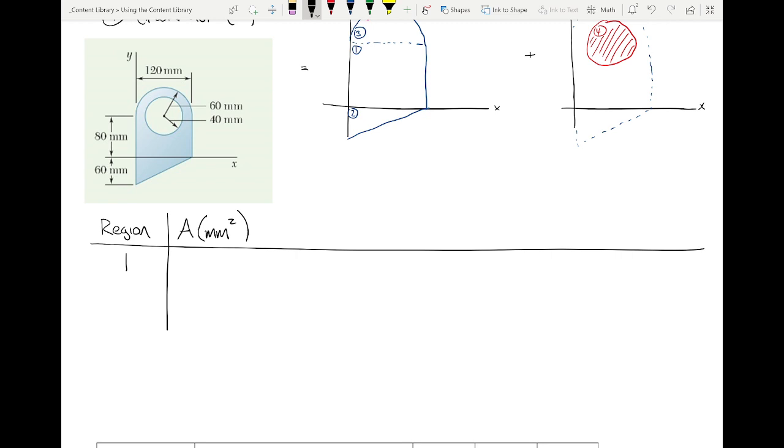Region 1 is this rectangular region. How do I compute the area of that? Let's write out the formulas. How would you compute the area of this box number 1? Base times height. And what is the base and what is the height? 80 by 120. Does everybody see that?